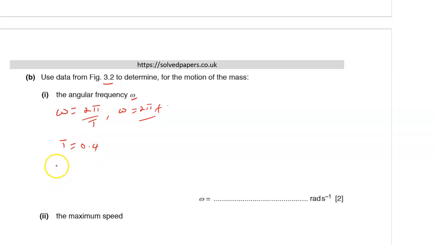Therefore, our angular frequency is 2 pi over 0.4, and good calculations will give you 15.7, which is approximately 16 radians per second. That is angular velocity.